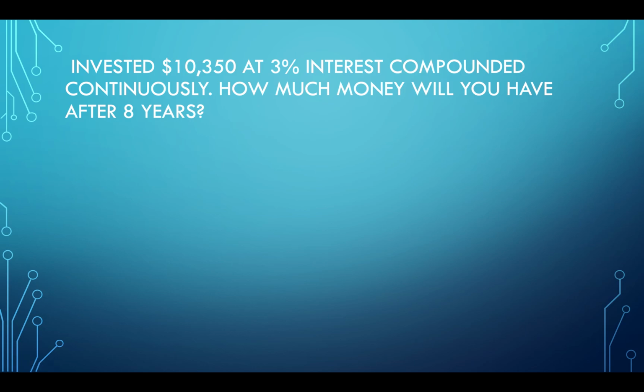So how about now if we invest $10,350 at 3% continuously compounded? How much money will we have in 8 years? Principal is $10,350. Our rate is 3%, which is equal to 0.03, and our T is 8. Use our PERT formula and plug everything in.